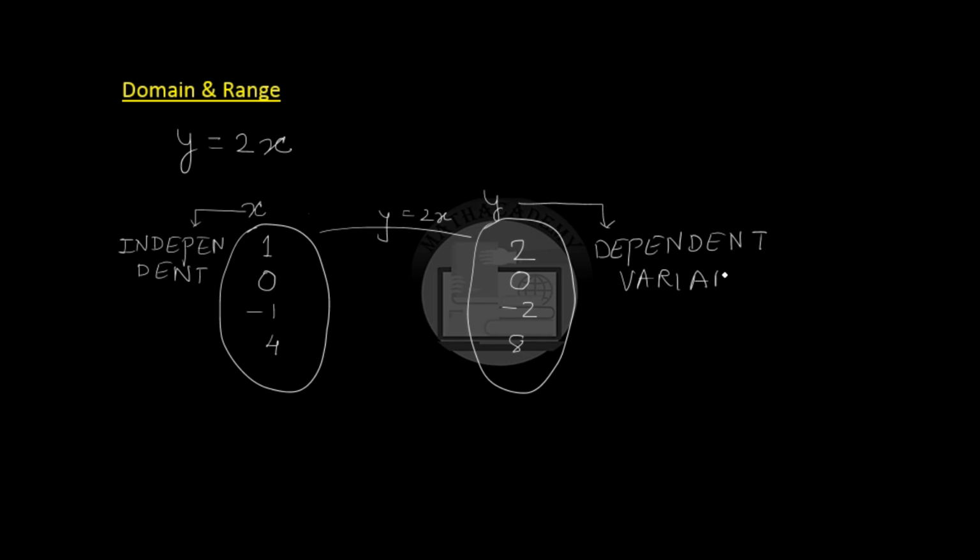The set of dependent variables is called the range, and the set of independent variables is called the domain. So here y is the set of dependent variables. All these values of y form a set of values which are dependent on the values of x. So this is the range, and x, the independent values, forms the domain.